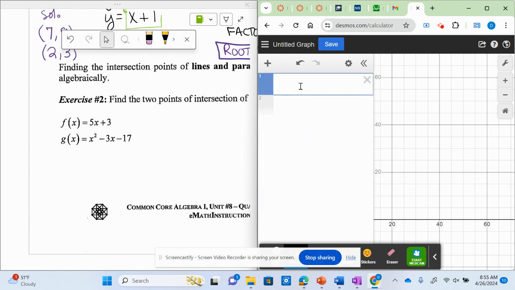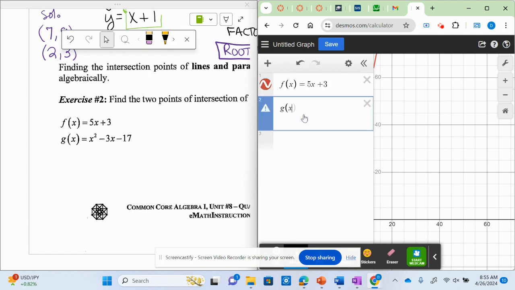So f of x equals 5x plus 3. And the second equation is g of x equals x squared minus 3x minus 17.